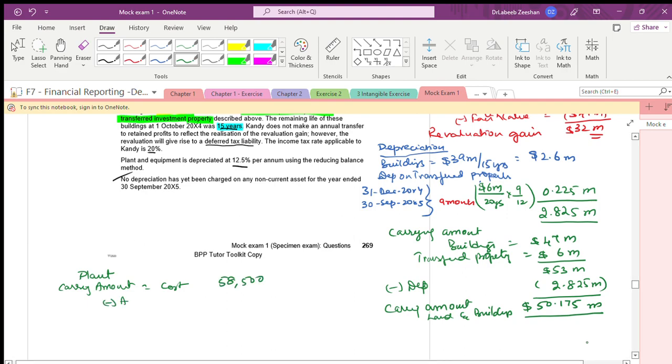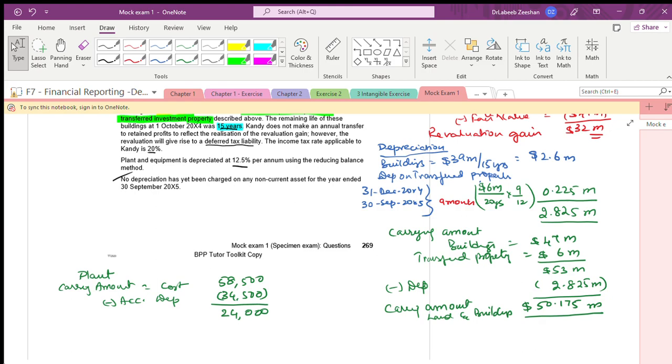The accumulated depreciation is 34,500. 8 minus 4 is 4, and 5 minus 3 is 2, so 24,000.